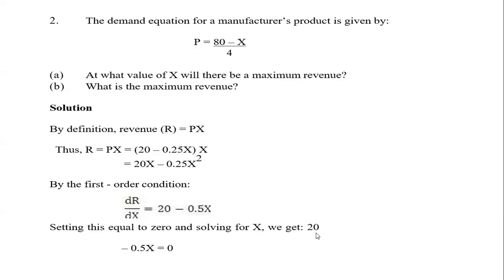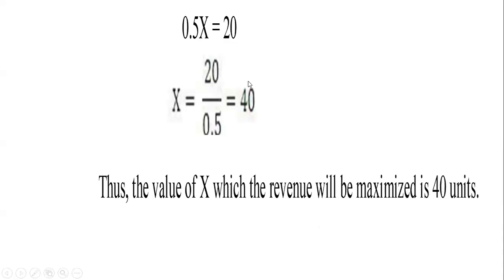So we said 20 minus 0.5x is equal to 0, so 0.5x is equal to 20. Then we divide 20 by 0.5, and we had 40.